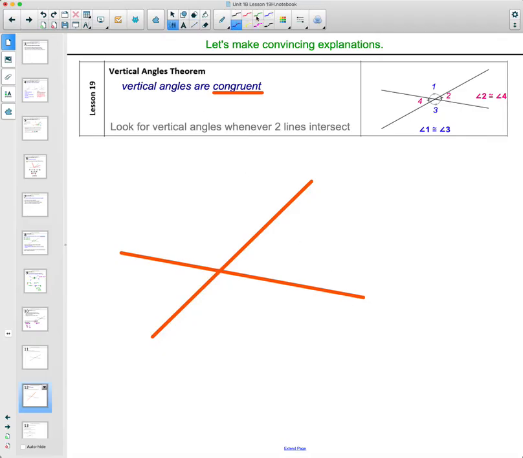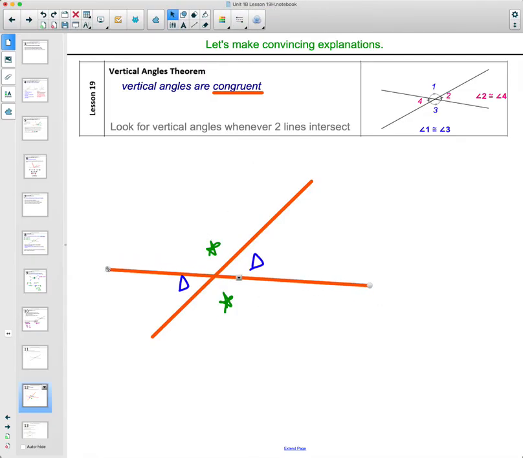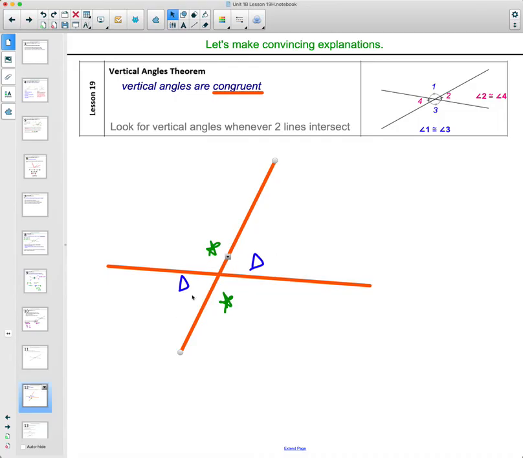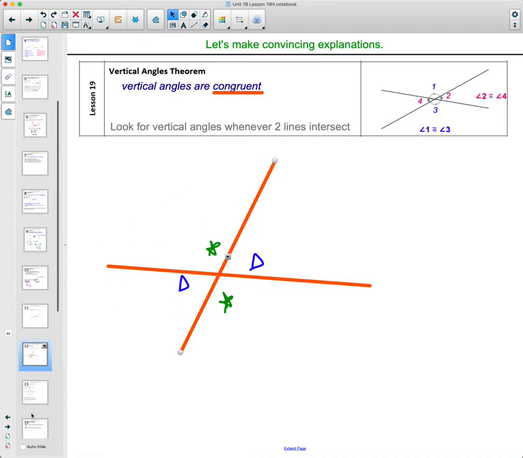And those vertical angles are always going to be congruent to each other. So the ones across from each other are always going to be congruent. So these two stars are always equal no matter what the angle is that these two lines cross at. Across from each other, always equal for vertical angles.